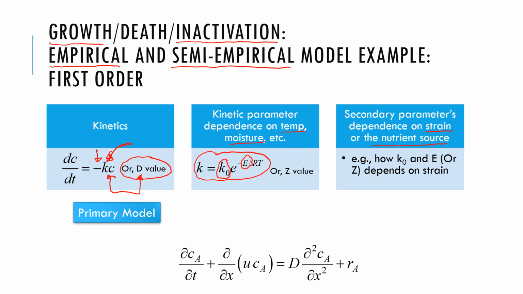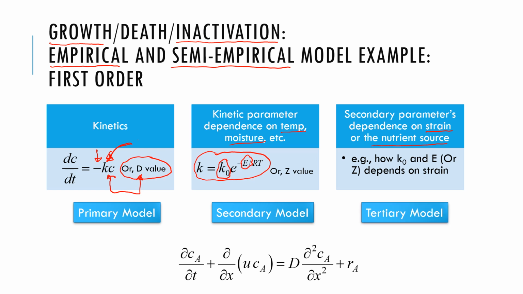That just shows how concentration would depend on time in the reaction. And the second one is the secondary model that shows how the rate parameter K depends on environmental factors and so on. And the third one is called the tertiary model.